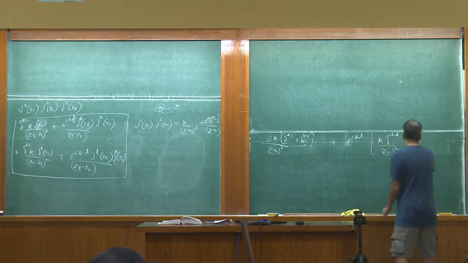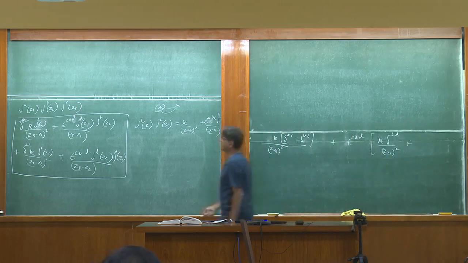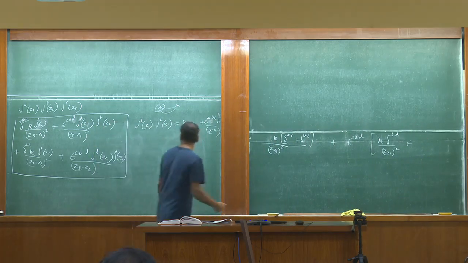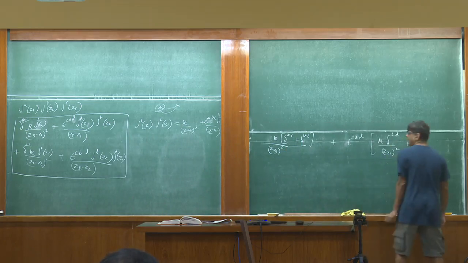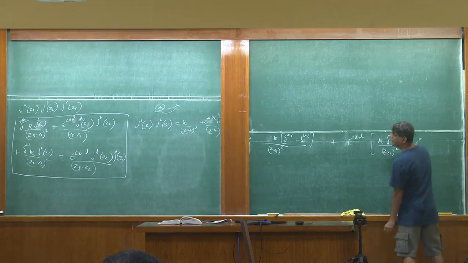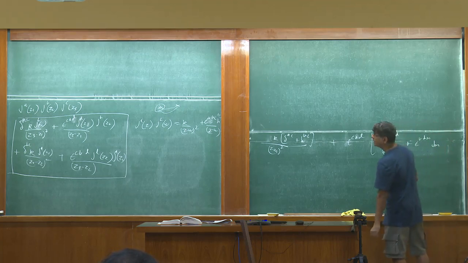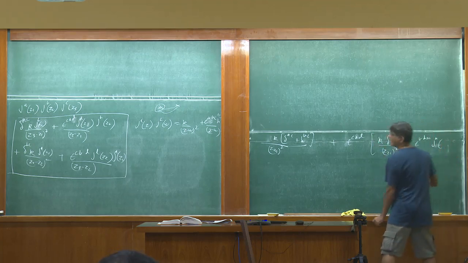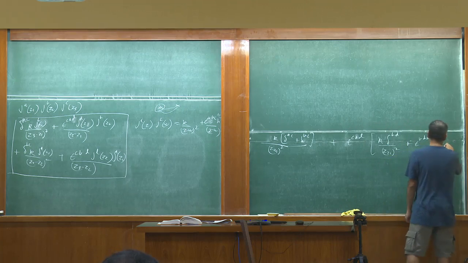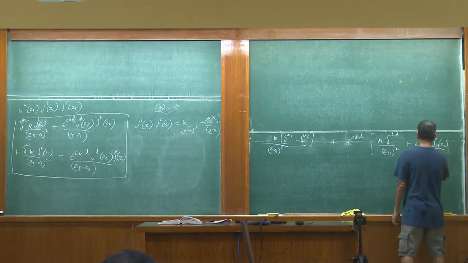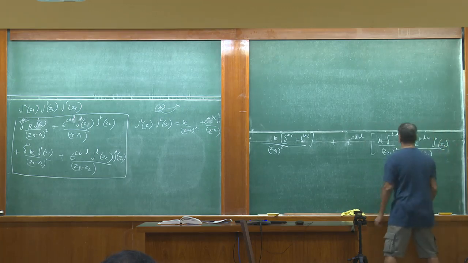Plus then we take this guy to this guy, that's the epsilon term, so that was epsilon BD, let's say M, J_M at Z1, and Z21 the whole thing to the power 1.